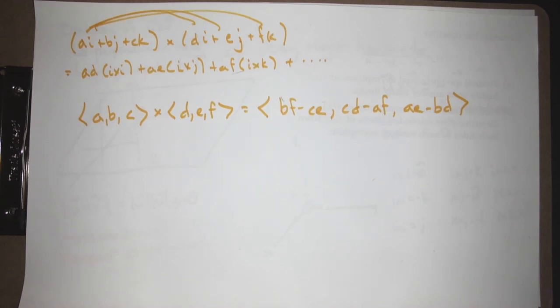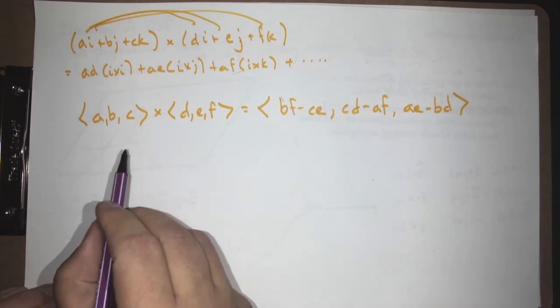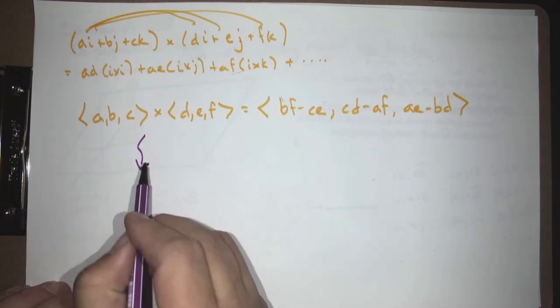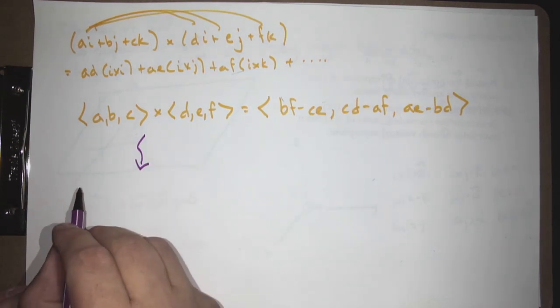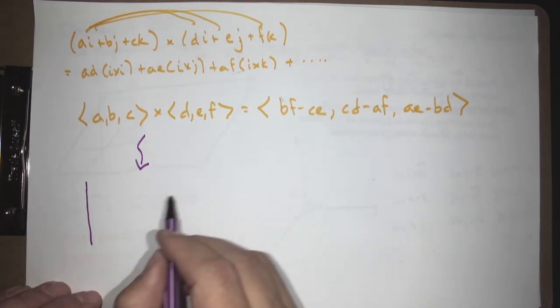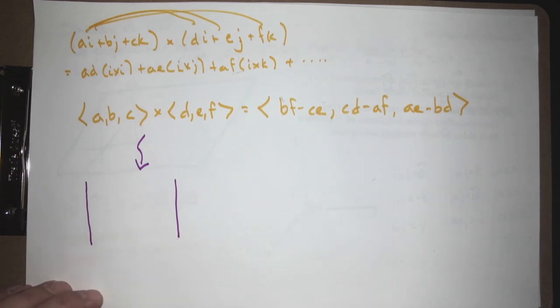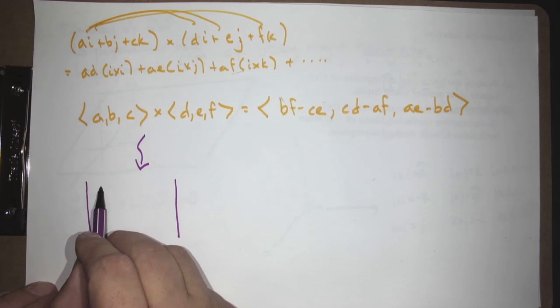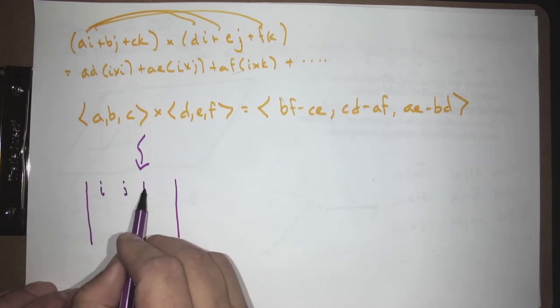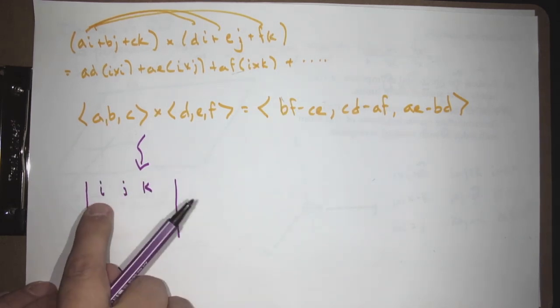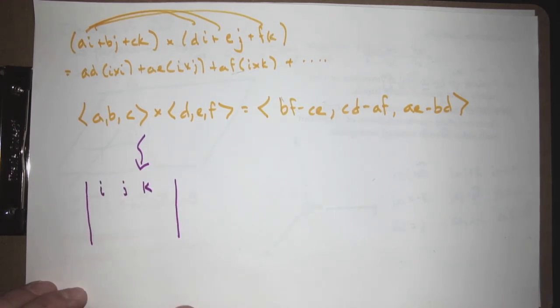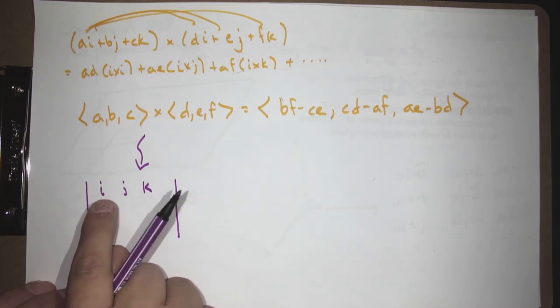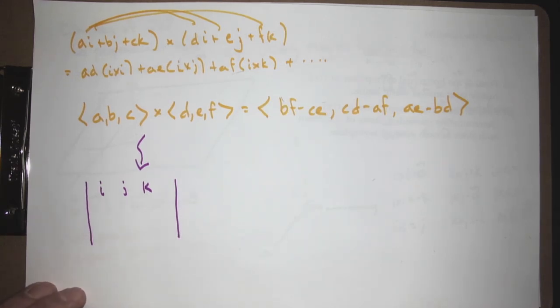Well, here's our actual method. Take your vectors, and we're going to make a little 3x3 determinant. Now this involves a matrix. So you're going to fill up your matrix. In the top row, you write i, j, and k. What do i, j, and k represent? The i, j, and k vectors.